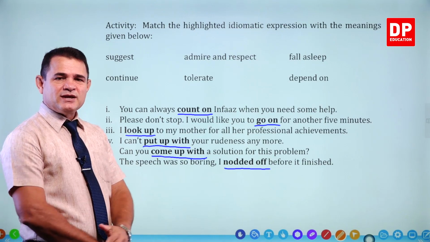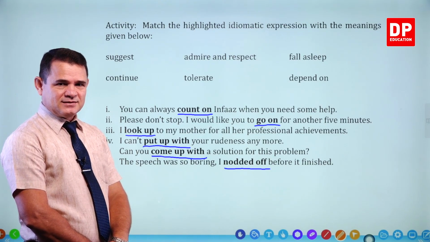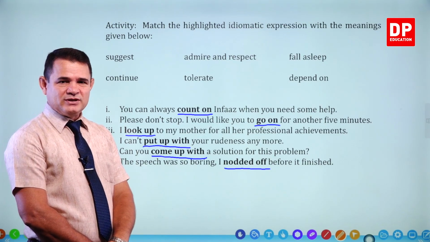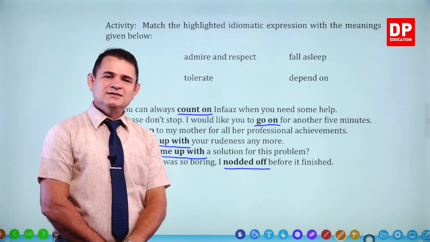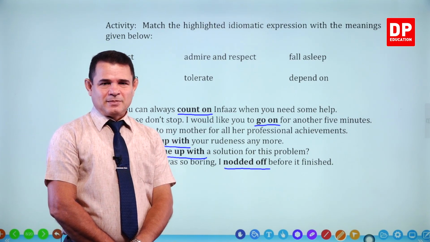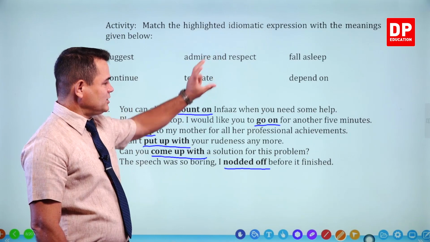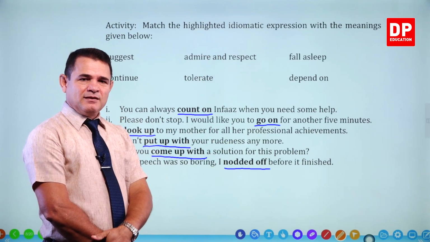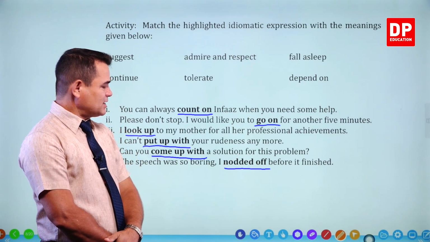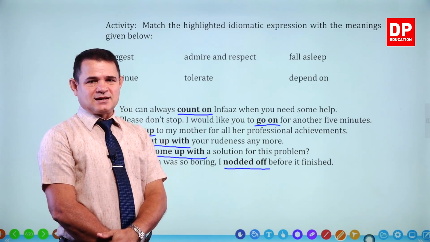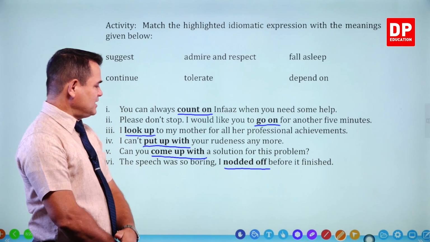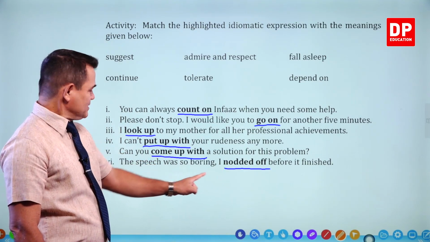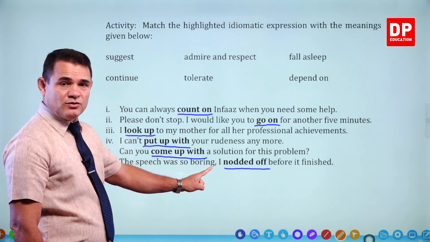So when you get an exercise like this, you can do the easy ones first. I actually gave you the meanings of the words and sentences, so I think matching is easier now. Do the ones that are easy for you first. Now we read the last sentence, it's very easy. The speech was so boring.